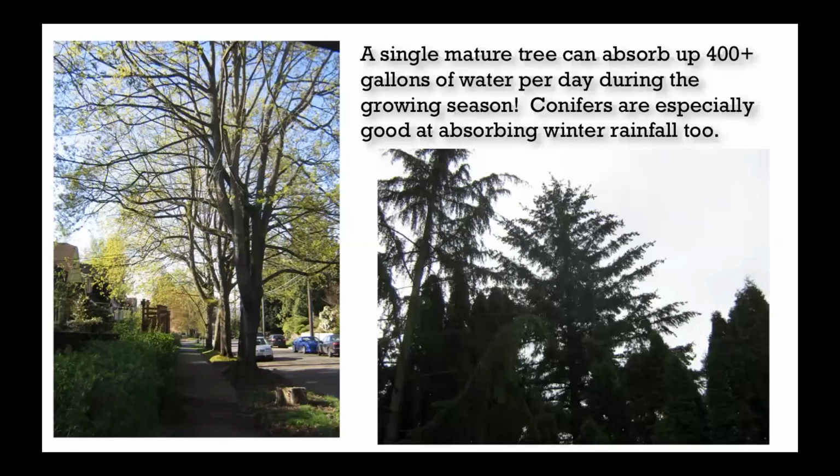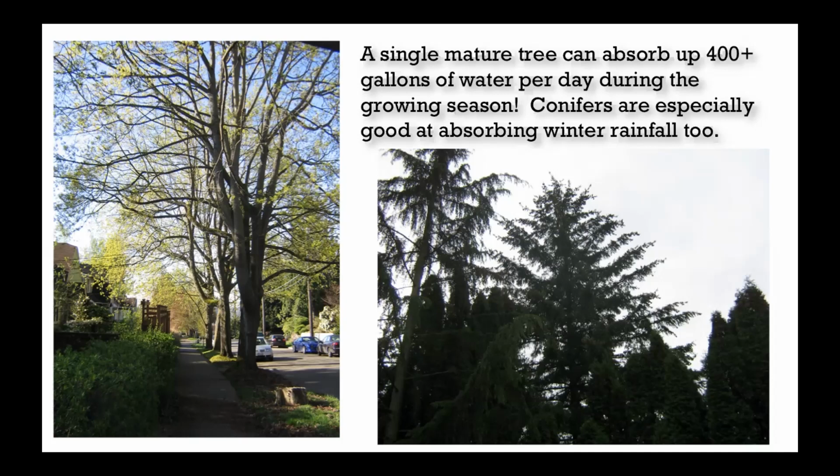As one example of how amazing the trees are, they can absorb a lot of runoff. Trees need a lot of water, and they sink their roots down deep and create an underground network of roots that will keep drinking up that water year round if they're conifers or other evergreens.